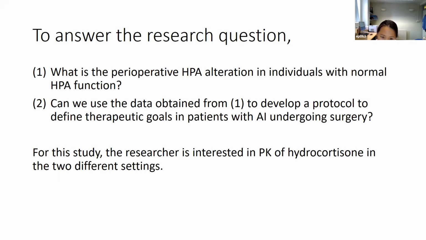So this is looking more on the pharmacokinetics of hydrocortisone tablets that you give perioperatively in, first of all, normal individuals, and then taking it to the adrenal insufficient group. So that's the focus of this study, really.